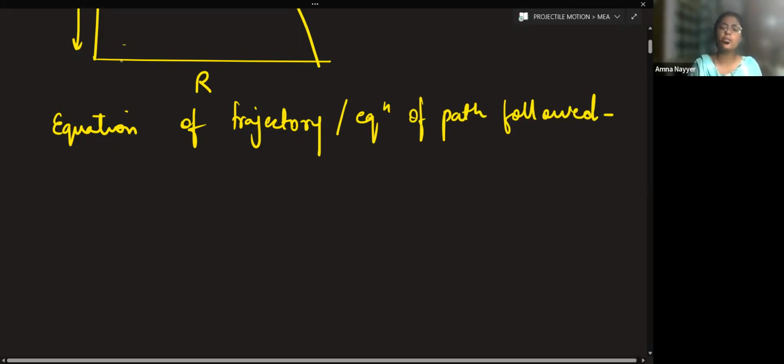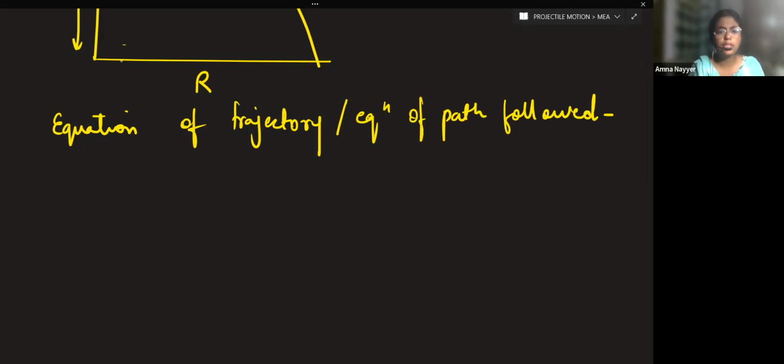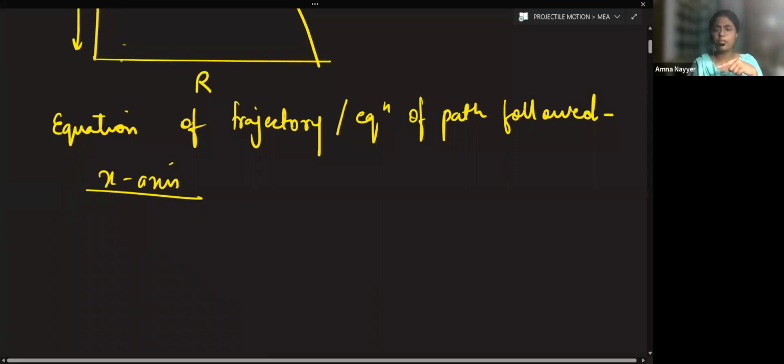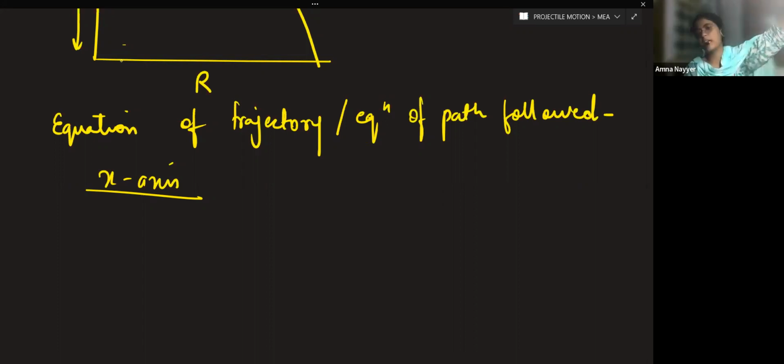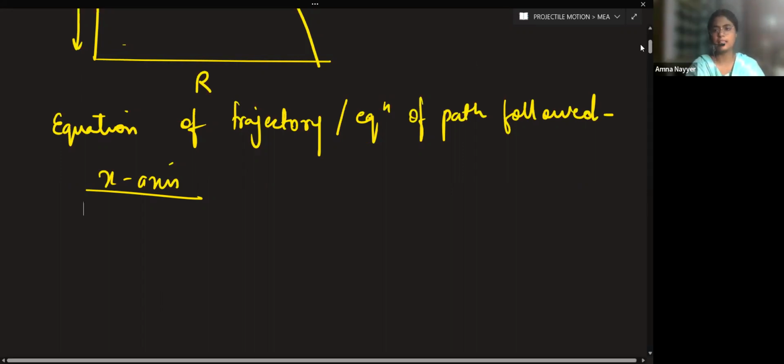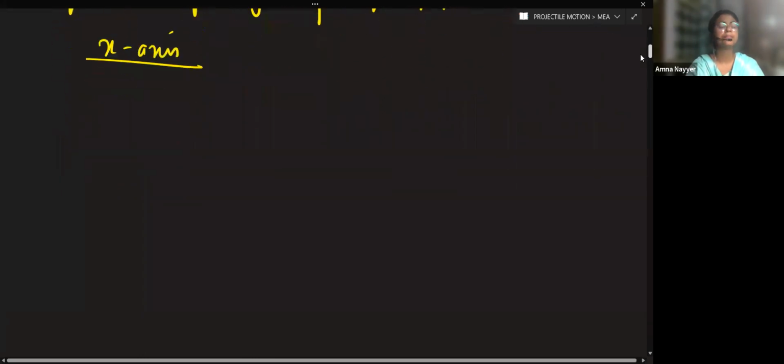Now we are just trying to find out the relation between x and y. So obviously, as I've told you, throughout projectile motion, be it any case, vertical, horizontal, or angular projection, you have to solve x and y separately. So on the x-axis, we are just focusing and solving it.